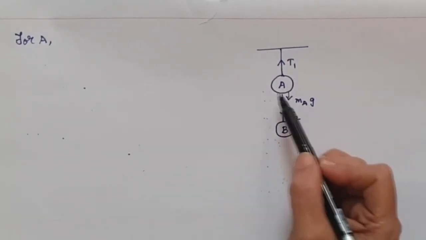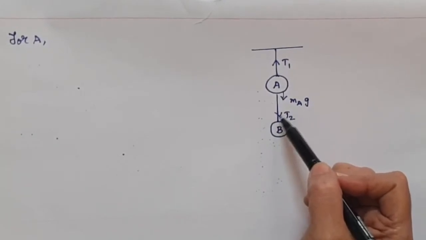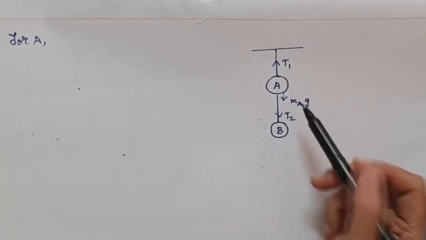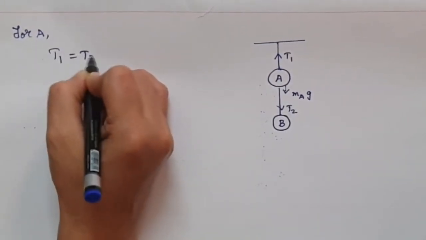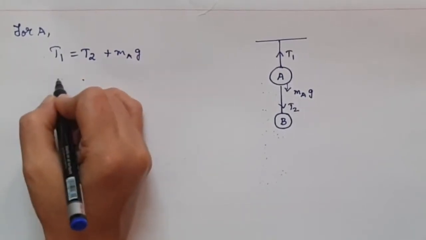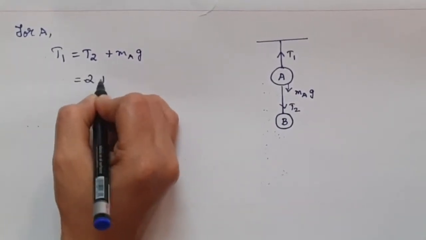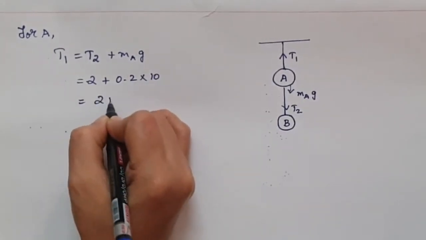If you take the forces acting on A, there is tension T1, the tension T2, and the weight acting downward. So T1 will be equal to T2 plus MAG. That will be equal to 2 plus 0.2 into 10, which is 2 plus 2.